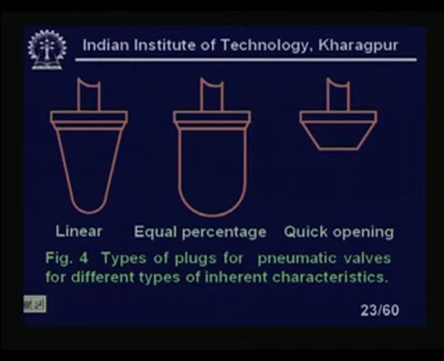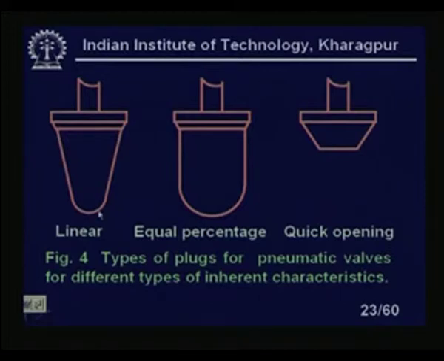This is actually, as I told you earlier, the actual shape of the plug. The seat will remain the same, the shape of the plug will give us these different flow characteristics, right. Flow characteristics versus the lift of the stem, okay. All these flow characteristics correspond to the lift of the stem actually. On the x-axis we have drawn the lift of the stem, which is basically the movement of the plug, is it not. So the percentage movement of the plug we are plotting on the x-axis, and percentage of the flow we are plotting on the y-axis.